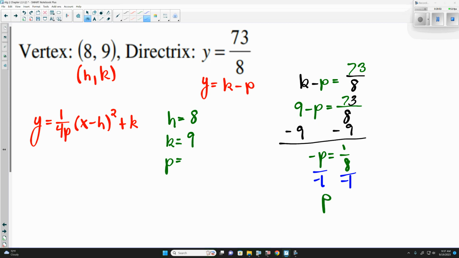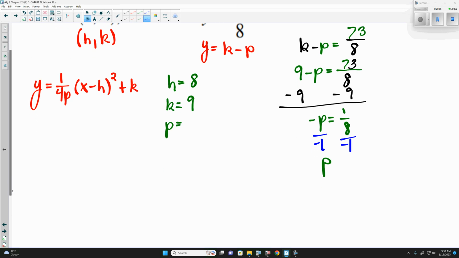We could have also multiplied both sides by -1, but it tells us p is equal to negative 1/8, because we're saying negative p is equal to a positive number. So positive p should equal a negative. Because if we change the sign on one side, we have to change the sign on the other.